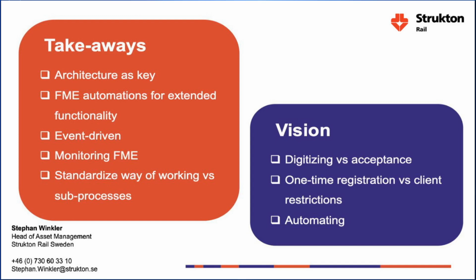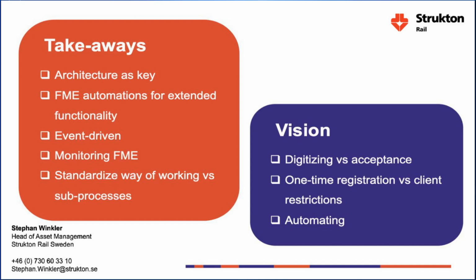And then let's look at some takeaways and vision from what was achieved by the organization. So obviously, architecture is the key. You've got to make sure that you have a solid system architecture that you're drawing upon. FME automations for extended functionality. Again, webhooks and API calls are great, but if you need to utilize more than one and be able to loop those calls, that's where FME can really help you through their no-code front end.